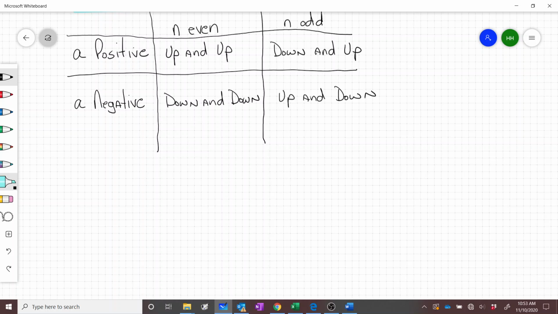So we're going to take a couple of examples here: what is the end behavior of each function?